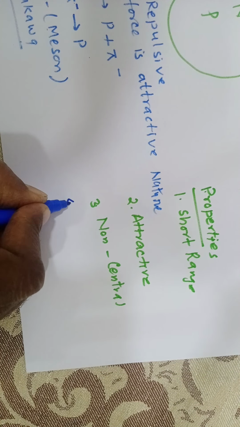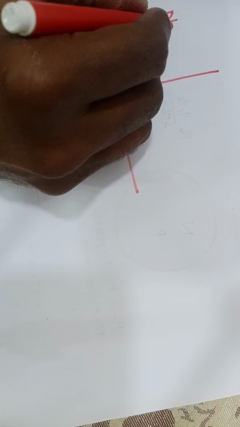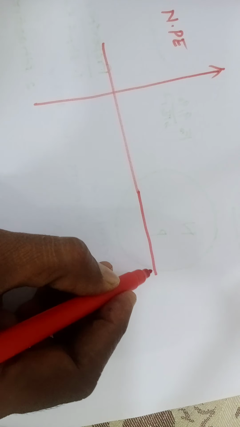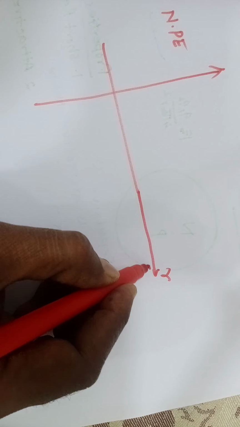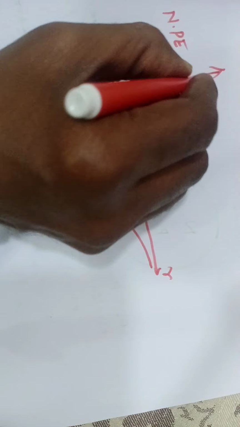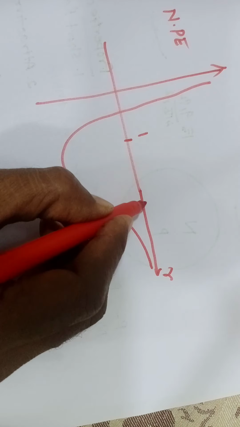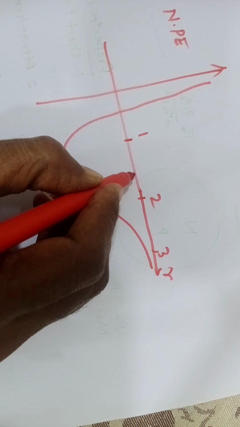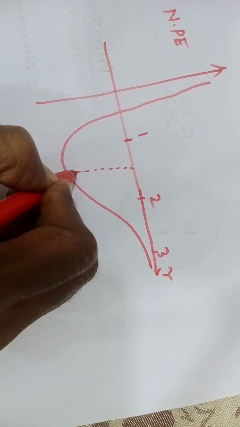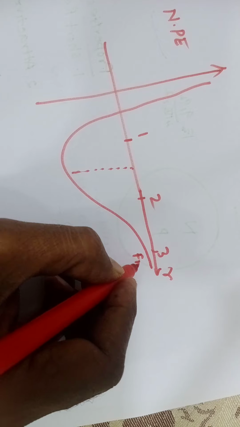If we plot the potential energy curve for the nuclear potential, energy versus distance, the graph will be like this. Here we have distance 1, 2, 3, and the distance is in Fm.